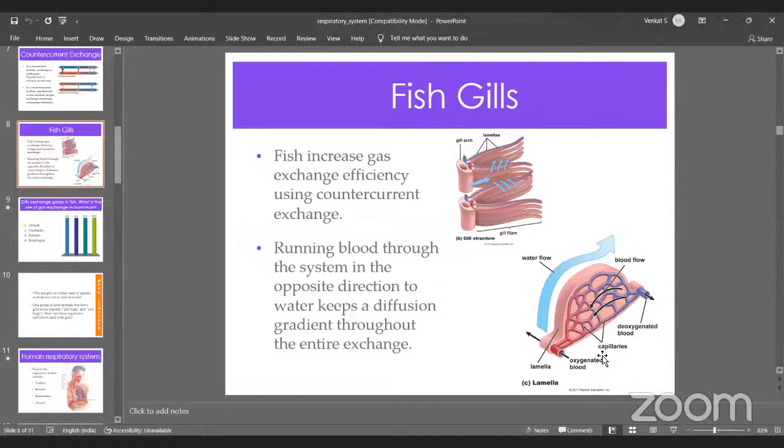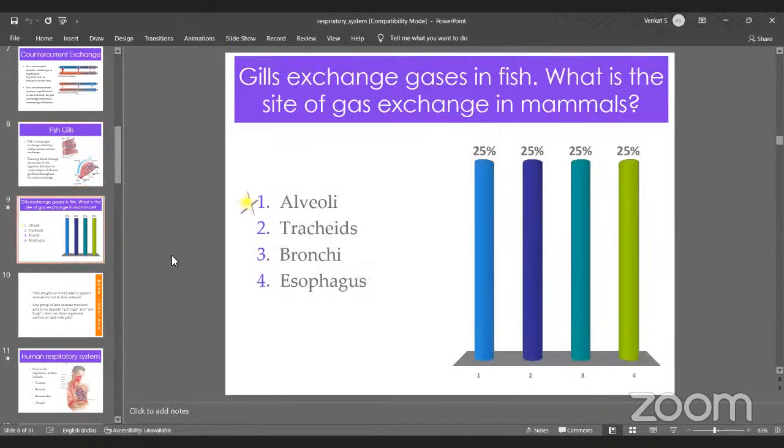Observe these arrow marks: oxygen goes inside and carbon dioxide is released outside. This is the way to understand how gas exchange happens between cell and outside. This is how gills exchange gases in fish.